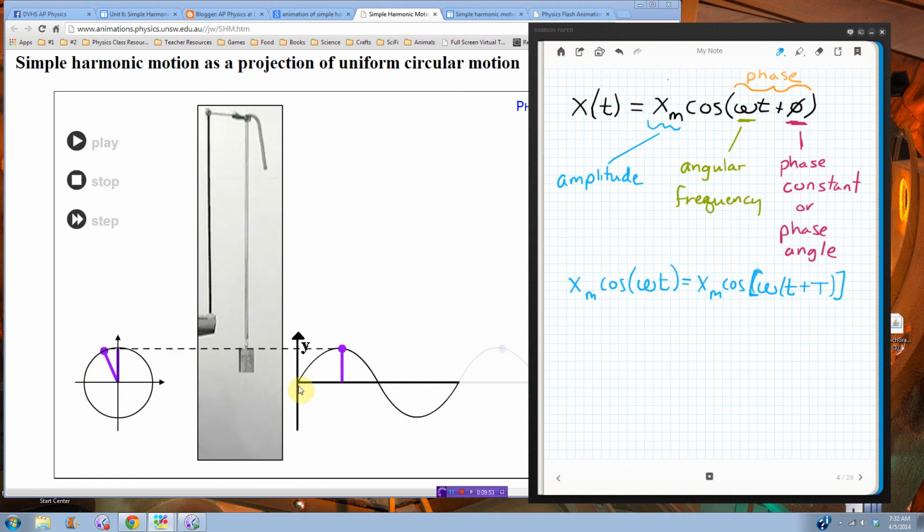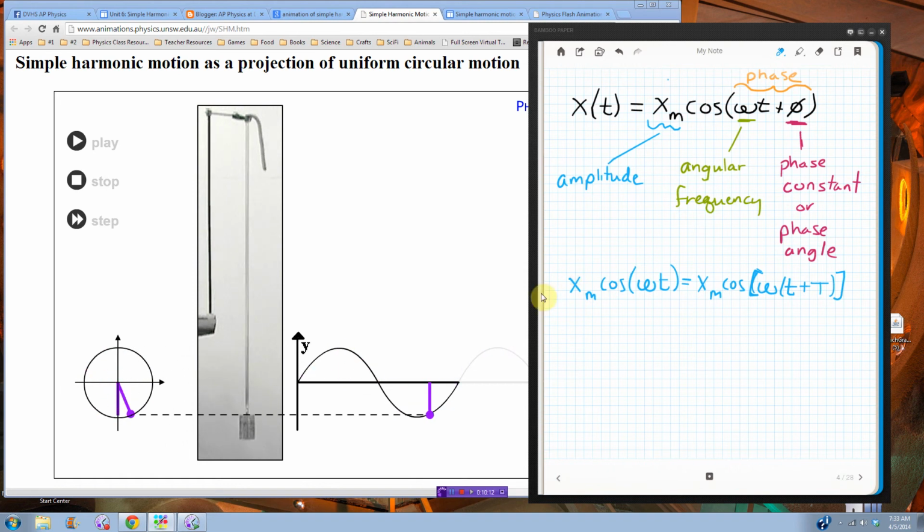I get the same function here, that's 2 pi, and if I add 2 pi to it, I get the same thing over and over again. Whenever you add 2 pi to the argument inside of a trigonometric function, you just get the same answer over and over again.